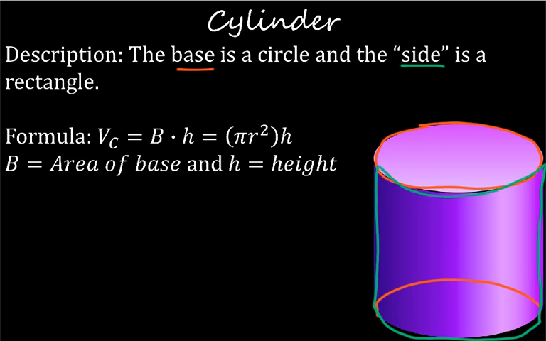And the side is a rectangle. So if we unfolded that shape, we would have a rectangle there. The formula for the volume of a cylinder is, again, base times height, and the base is the area of the circle. So here, base is pi times radius squared, multiplied by the height.